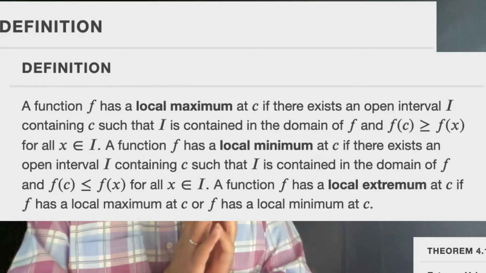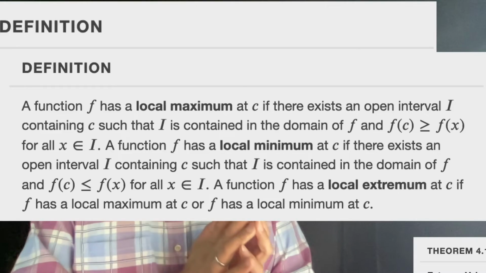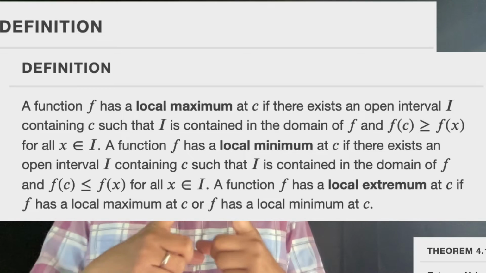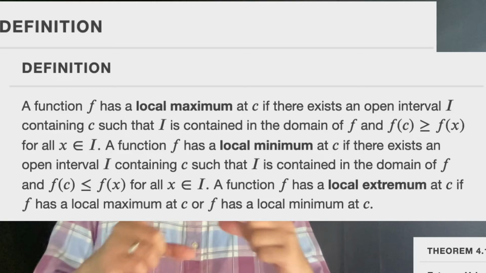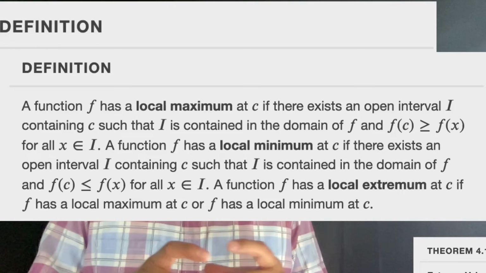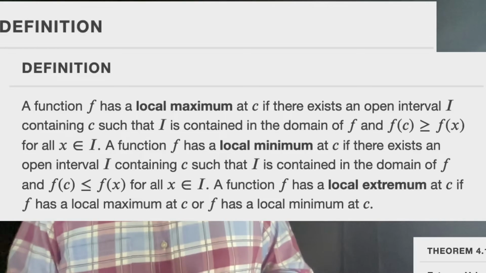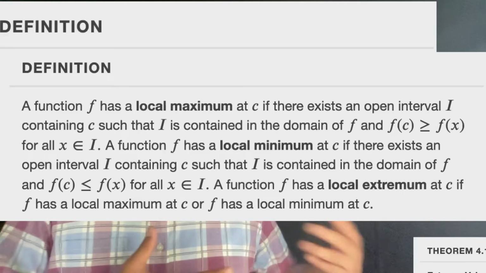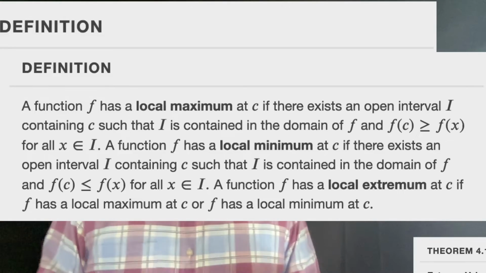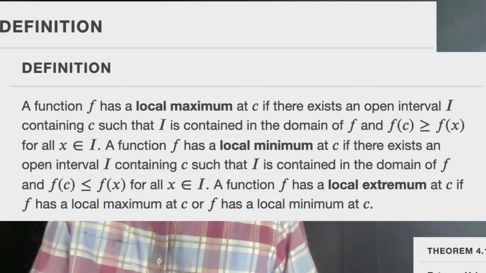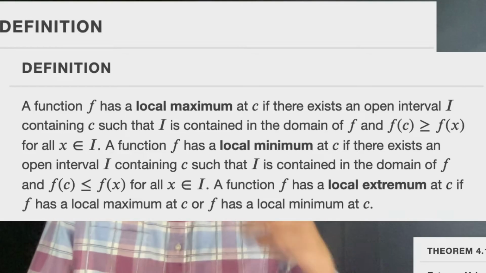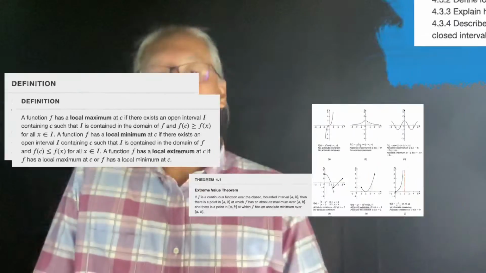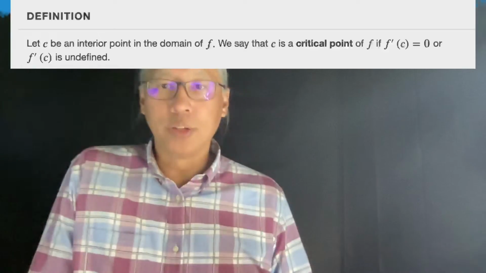The definition says a function f has a local maximum at x equal to c if there exists some open interval, and that open interval can be as small as you want it to be, so that f of c is bigger than any f of x value regardless of what value we pick within that small interval. And local minimum is defined the same way. Here we're studying the idea of local. Local means near a particular point.